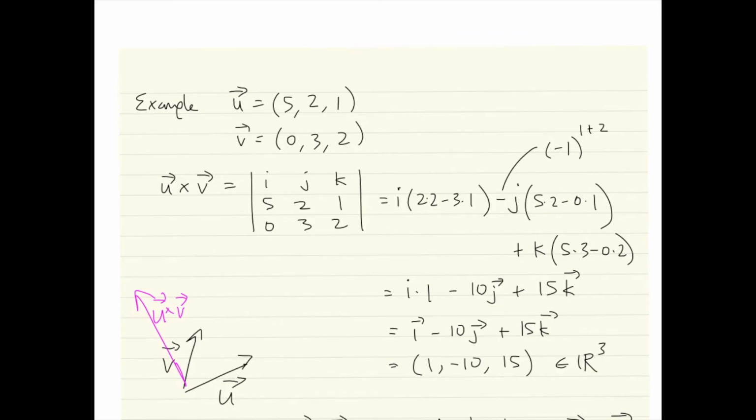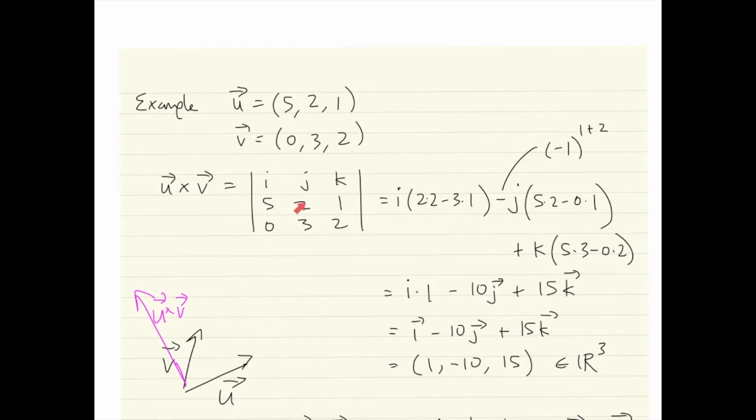Then we delete the column that involves j and the row that also involves j, and the matrix that remains is 5, 1, 0, 2. The product of the diagonal terms minus the product of the off-diagonal terms gives this, and then similarly we do that for k.